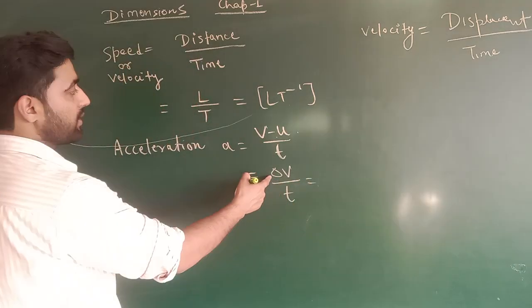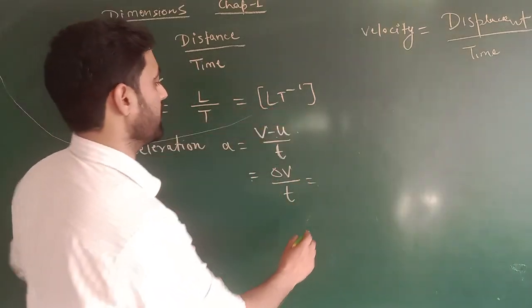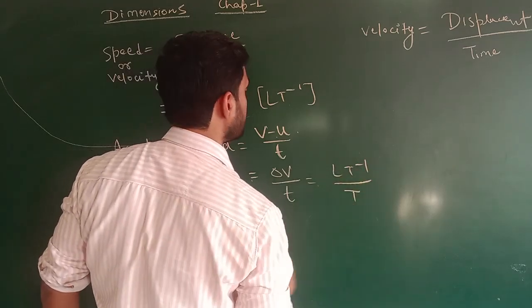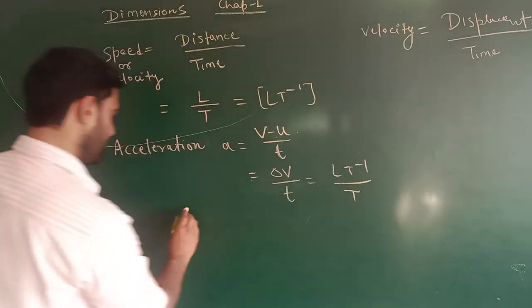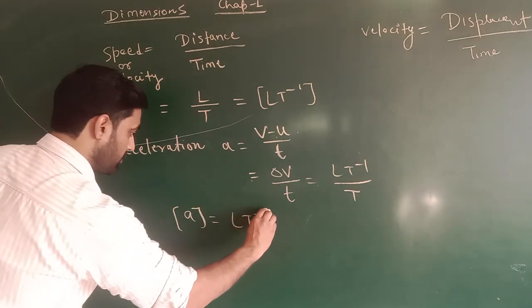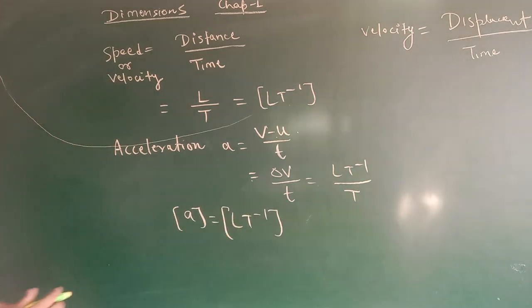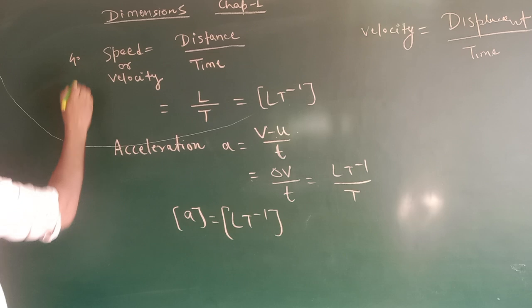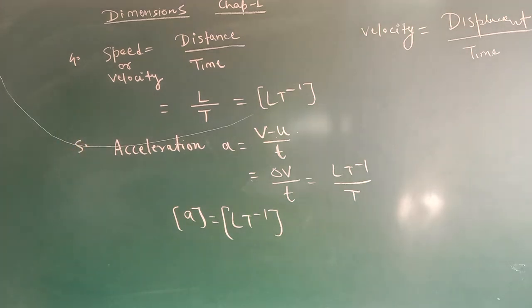The dimensional formula of velocity is L T minus 1, and for time, capital T. So the dimensional formula of acceleration is L T minus 2. I think this one is 4th and this one is 5th.